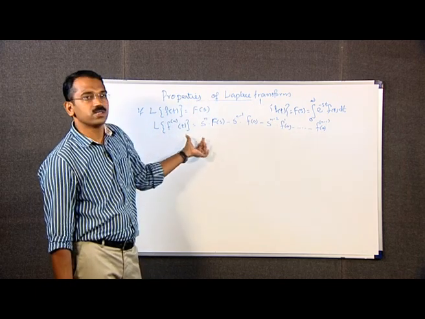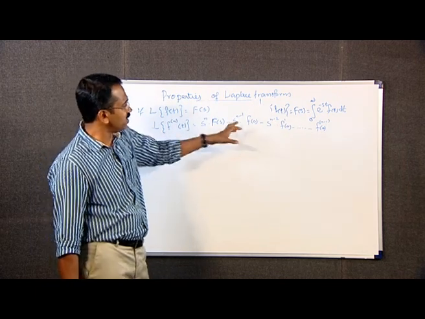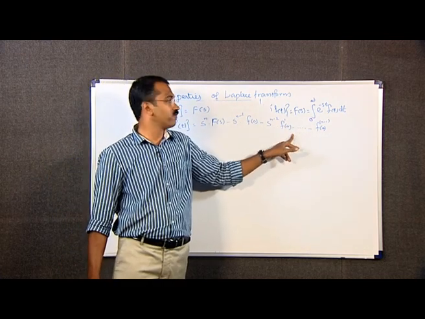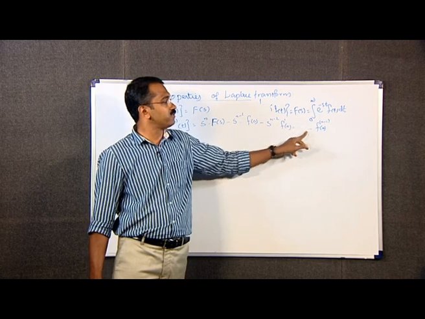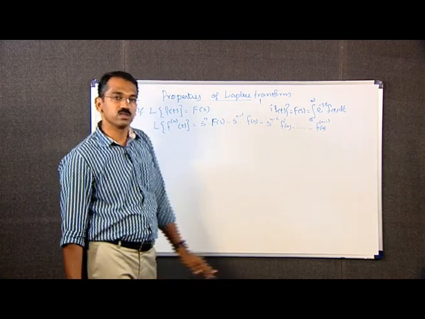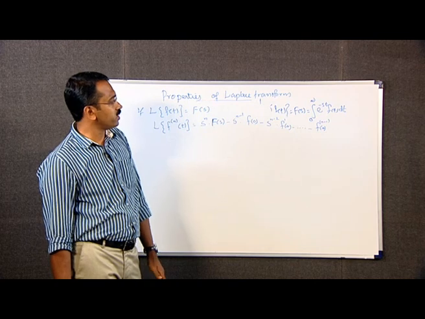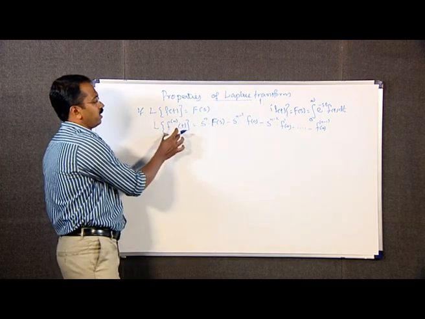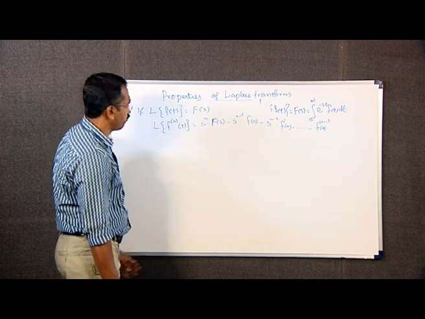In order to write this expression, there is a condition. All these derivatives, that is f dash of t, f double dash of t up to the n minus 1th derivative of t, should exist. Then this is the Laplace transform of the derivative of f of t.